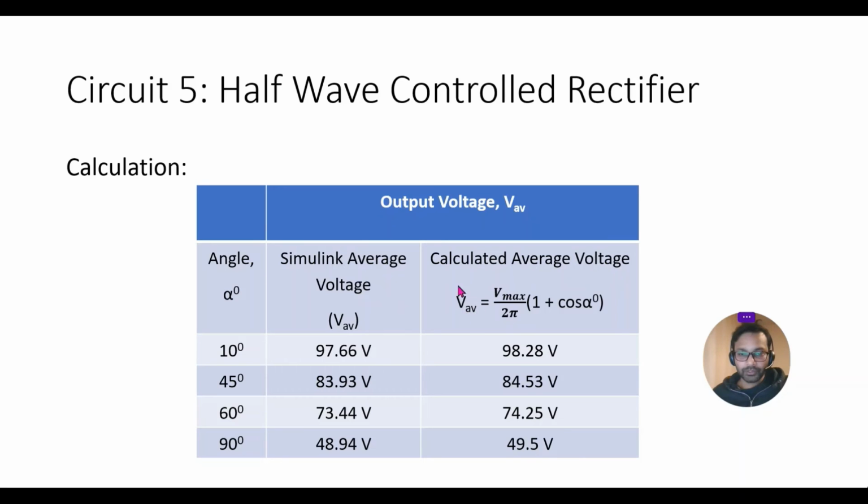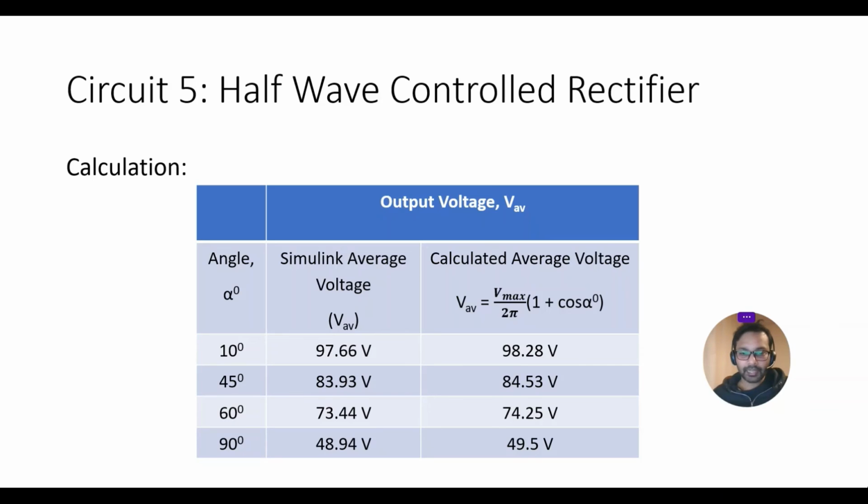We can use the formula here to calculate the average voltage for a half wave rectifier, and you can see there is a difference of around 1 volt between the calculated and the measured value.